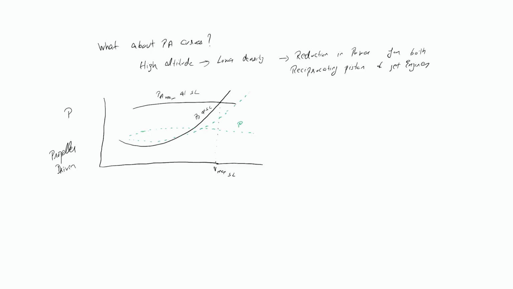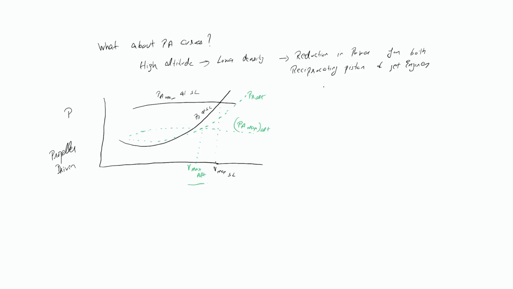So this is power available maximum. This is applicable at some altitude and this is power required at some altitude. Okay, so the point to note here is this is now V maximum, applicable at that altitude. All right.